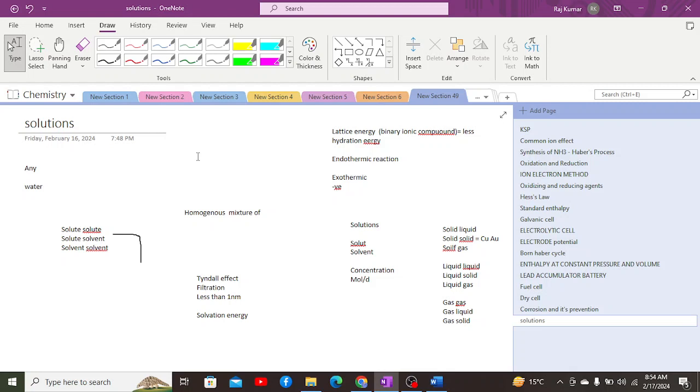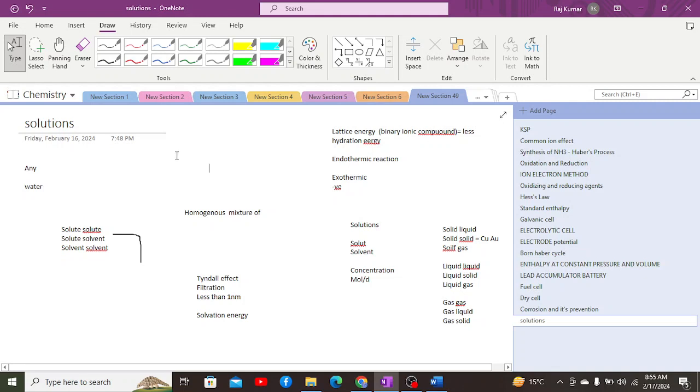The reason behind hydrophilic behavior is that hydrophilic compounds form hydrogen bonds with water because they themselves have hydrogen bonding, while hydrophobic compounds do not form hydrogen bonds with water because they do not have the high attractive forces which would allow them to overcome the hydrogen bonding of water and form hydrogen bonds with water. So this is the reason.